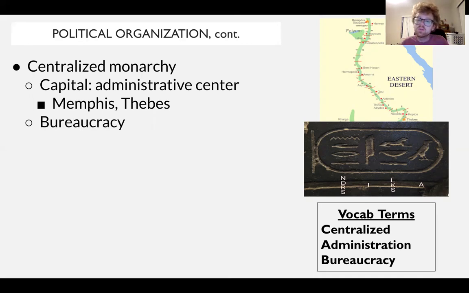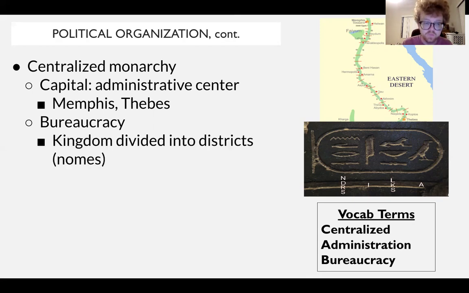There's also something that we call a bureaucracy. And a bureaucracy essentially is how government is done, how government is administered. So it includes things like tax collectors, census takers, and officials in charge of ordering supplies for the military. So we have a very complex system of government that's able to manage a wide area of people.